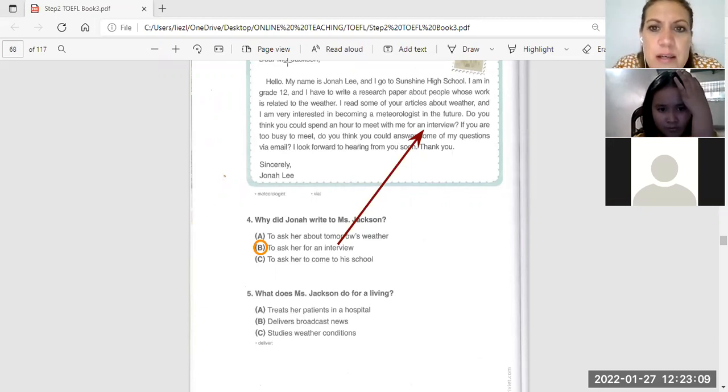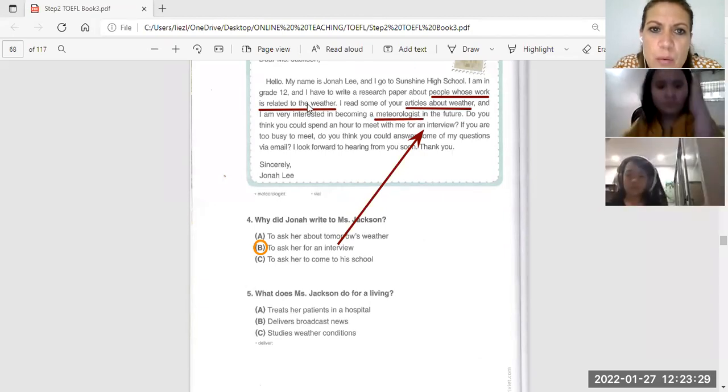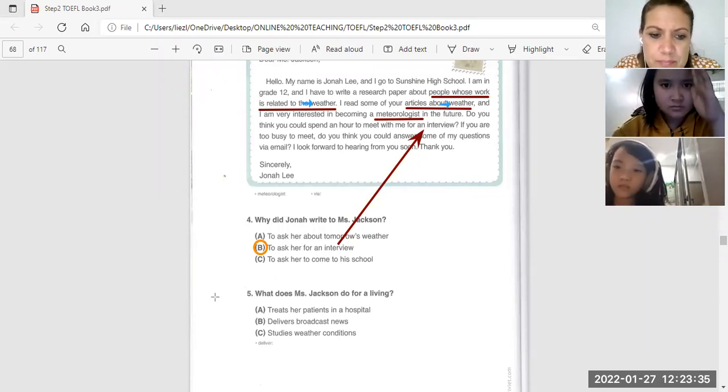Look here, here's your hint. People whose work is related to weather. I read your articles about weather and I want to be a meteorologist. What is she working with? Which words can you see there?